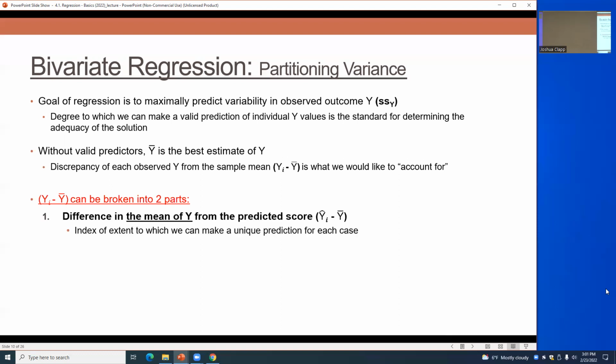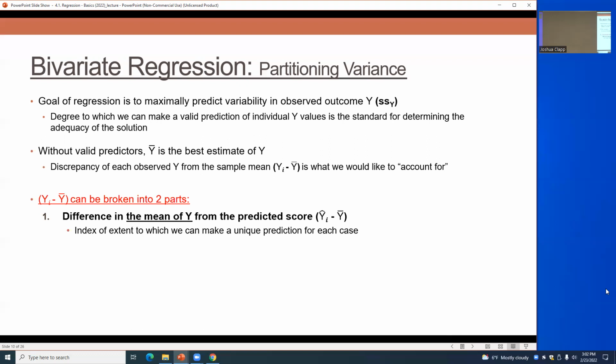We can think about this as being the product of the difference in my mean of Y from my predicted score. This is determining the extent to which we're making a unique prediction for each case. So if I say, here's my sample average, and here's the expected value for this individual, that deviation, the difference between the mean value and what I predicted for that person, that's an indicator of my ability to make a unique prediction.